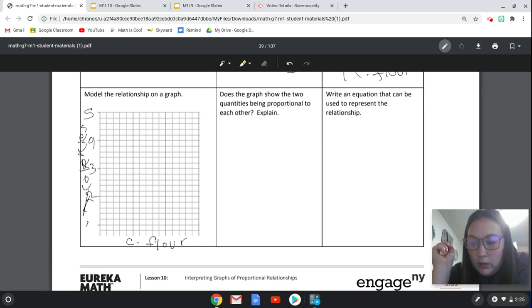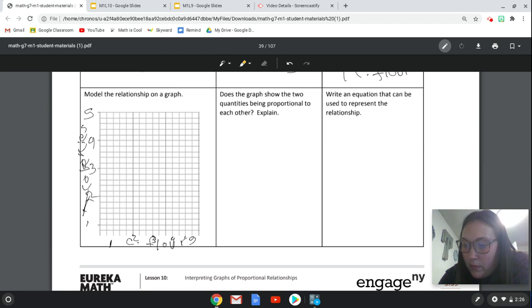And then we're going to go with, we'll go every 3. 1 cup of flour, 1, 2, 3, 2 cups of flour, 1, 2, 3, 3 cups of flour, 1, 2, 3, 4 cups of flour, 1, 2, 3, 5 cups of flour.